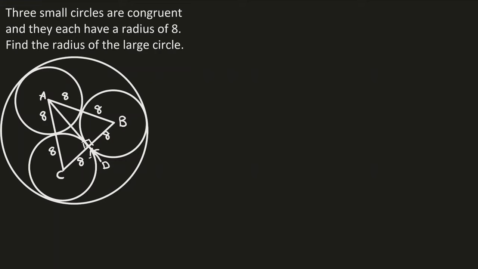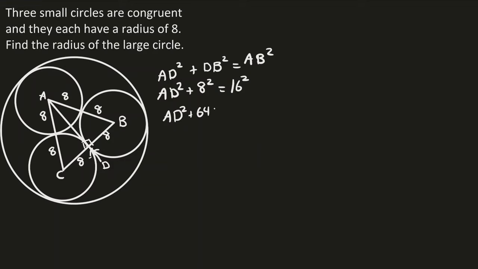Now we solve for AD using the Pythagorean theorem. So we know that AD squared plus DB squared equals AB squared. Now let's substitute the values we already know. We know that DB is 8, so it's 8 squared, and AB is 16 because we have 8 plus 8, so we have 16 squared. So we have AD squared plus 64 equals 256.